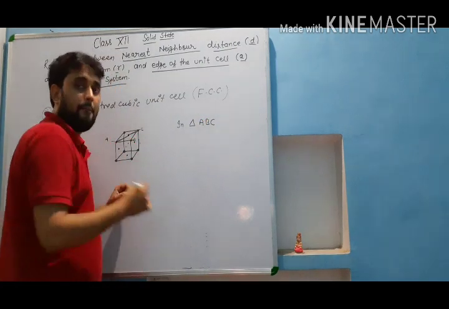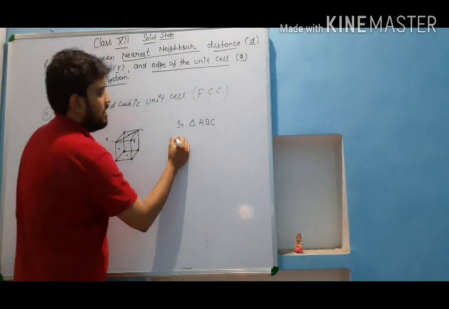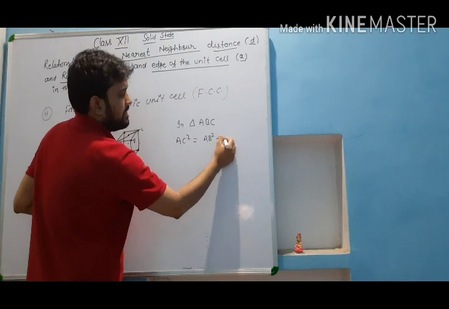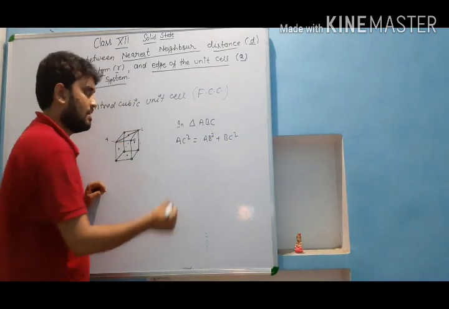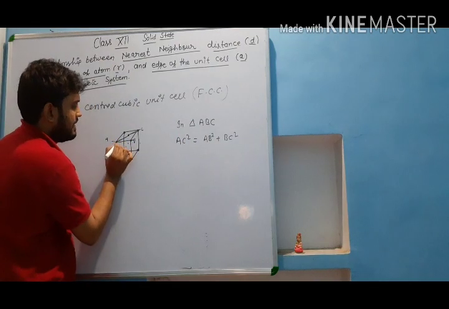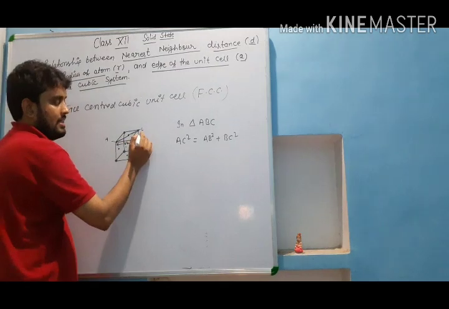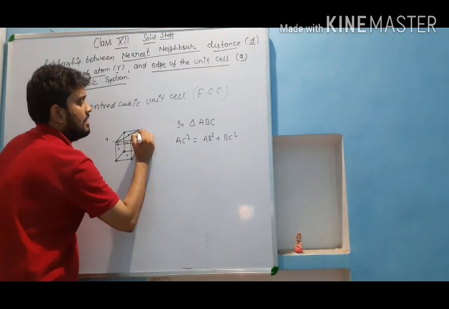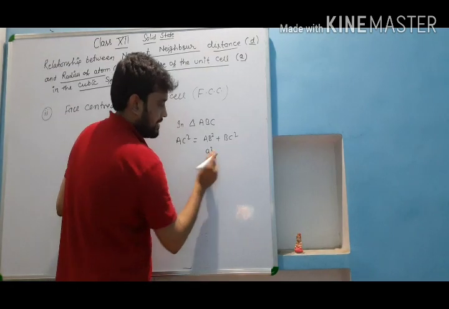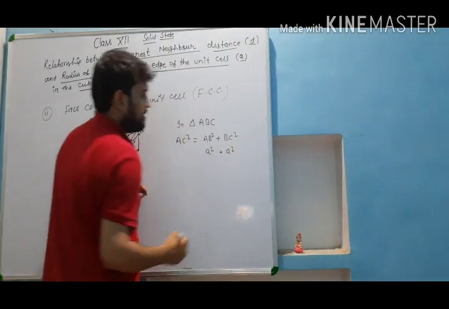Triangle ABC. By applying the Pythagoras theorem, we find that AC square equals AB square plus BC square, where AB, the edge length of A and B, is a, so AB square is a square, and the edge length of B and C is also a, so BC square is a square.